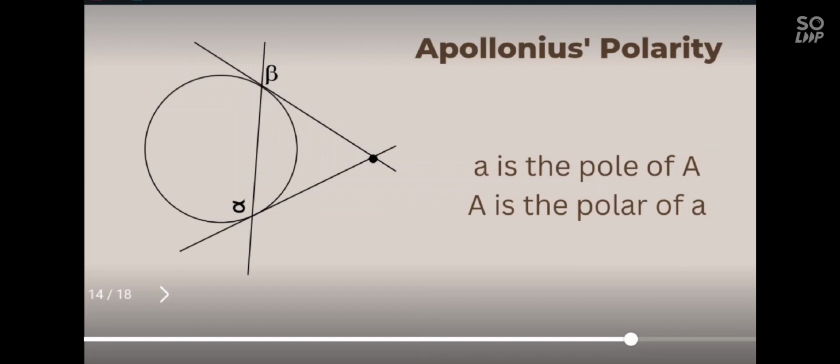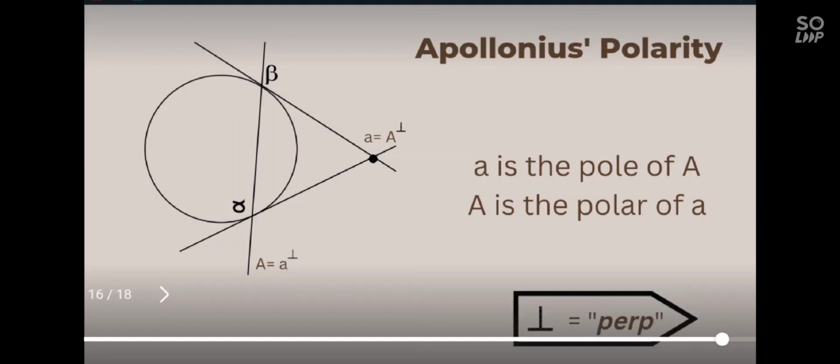Along with this terminology, there is also a notation. We're going to say that capital A is equal to little a perp. Perp means related to perpendicularity, and that is the symbol of perp.